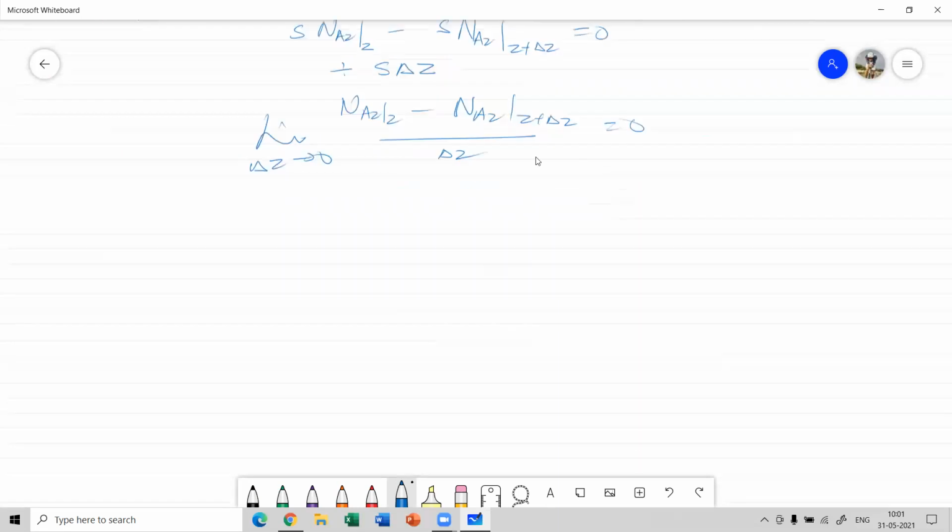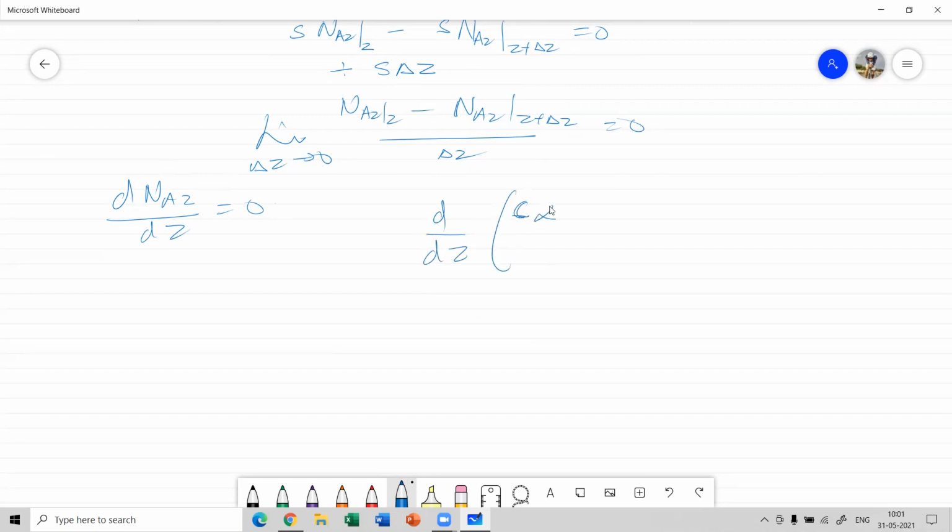So this ends up as dN_Az by dz equal to 0. And we'll put in the expression of N_Az. So we have d by dz of C D_AB over 1 minus x_A into dx_A by dz equal to 0.